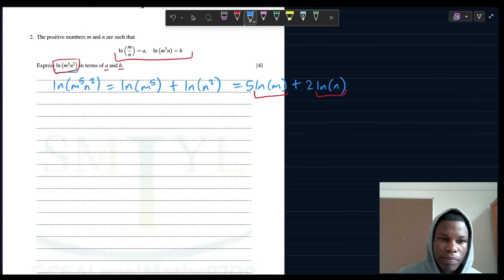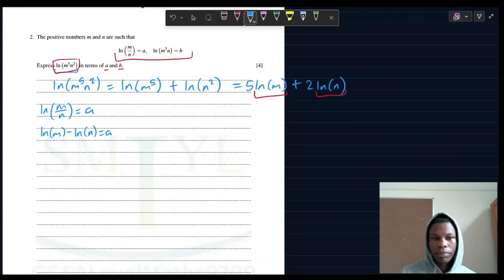So from there, we're given that ln(m/n) is equal to a. We know that from our laws of logarithms, ln(m/n) can be written as ln m minus ln n, and this is equal to a. And I want us to do the same thing for this.